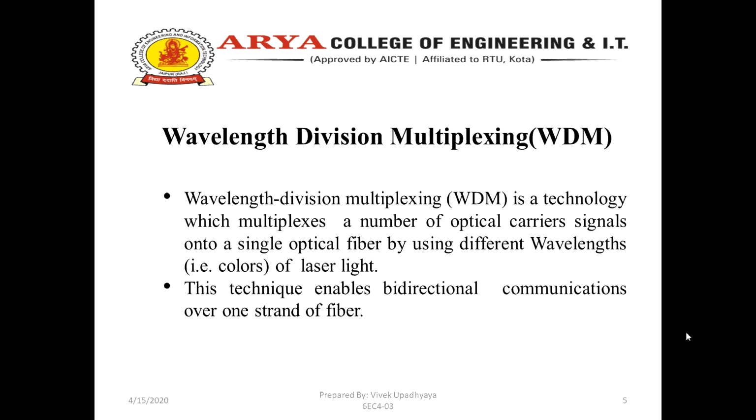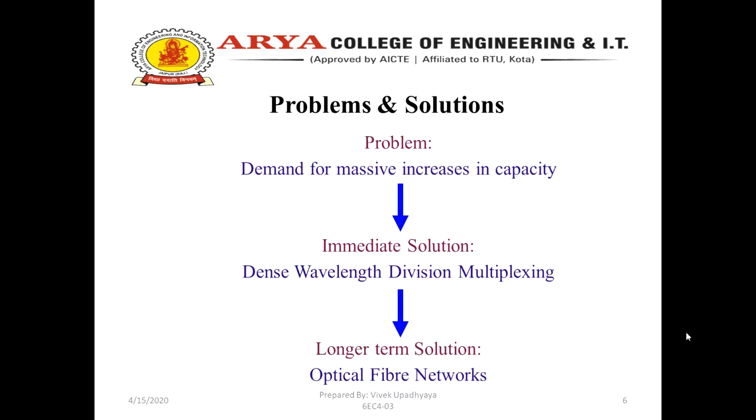So wavelength division multiplexing, WDM, is a technology which multiplexes a number of optical carrier signals onto a single optical fiber by using different wavelengths, that is colors of the laser light. This technique enables bidirectional communication over one strand of the fiber.